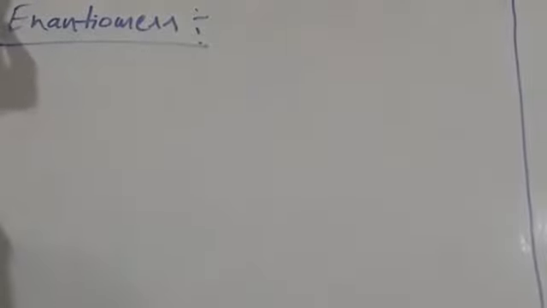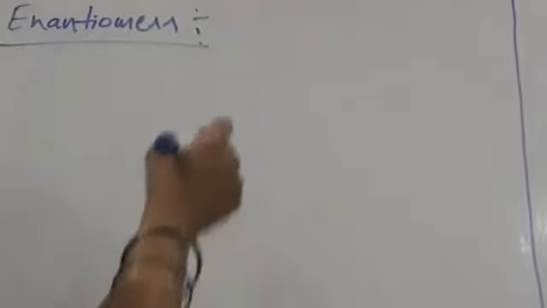So, enantiomers are isomers which are mirror images and non-superimposable. Non-superimposable mirror images are called enantiomers.